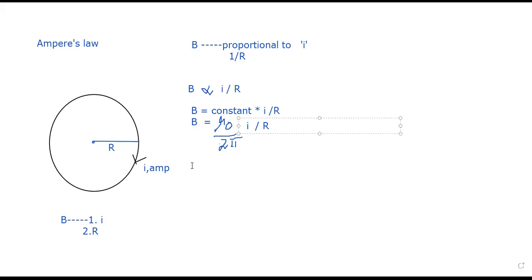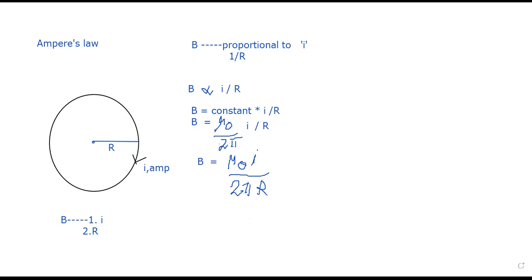So we can write B, the magnetic field, equals mu naught I in the numerator divided by 2 pi R. So this 2 pi R is the circumference of the circular loop.